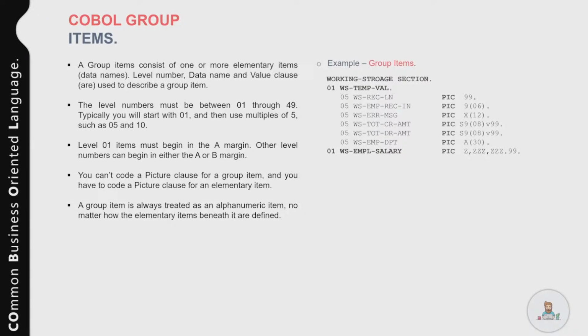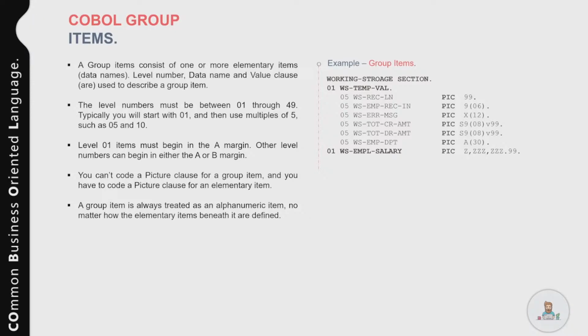So here's an example, and we have a working storage section where we have defined two variables, and the first variable is the only group variable, right? The second variable that we have defined, that is employee salary, is an elementary item. And if you notice, the first variable, that is ws-temporary-variable, is actually a group variable where we have defined approximately 4 to 5 elementary items.